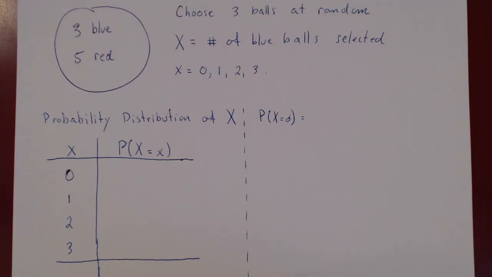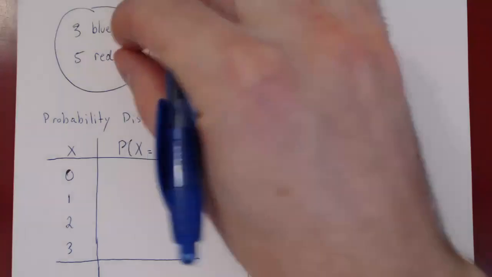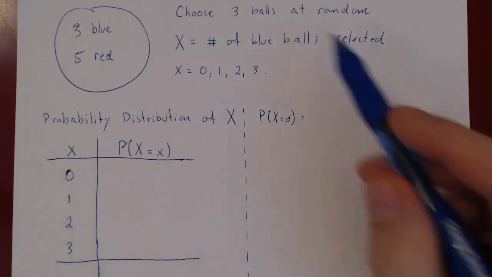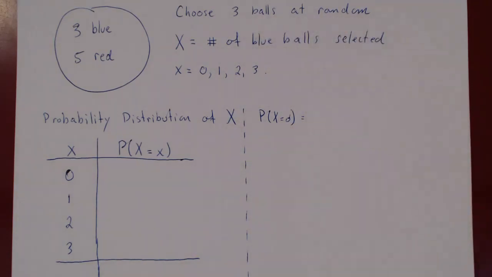Well, here, look at the experiment. The setup that we have is without replacement. Once we pick a ball from the urn, we don't put it back when we pick the second, so it is without replacement, and we do not care about the order of the selection. All we are interested in is, out of the 3 balls selected, how many are blue, how many are red. So we have a setup that is without replacement and unordered. That is the setup of combination.